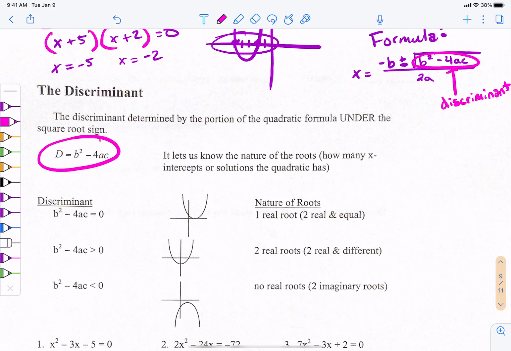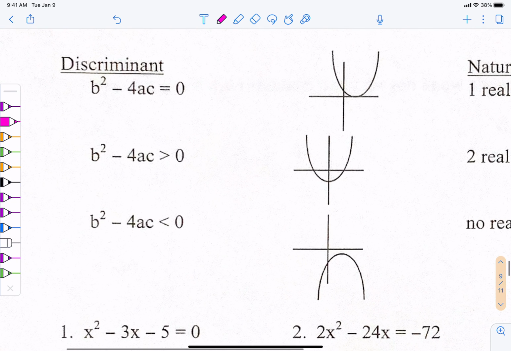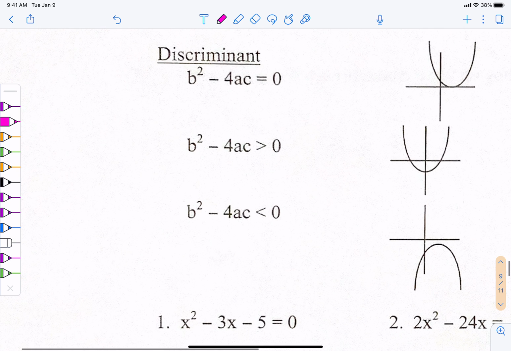So the discriminant is b squared minus 4ac. Let's say, given the example, I have negative 3 plus and minus the square root of 4 all over 2. Let's say whatever I have in the quadratic formula boils down to that, okay? The square root of 4 comes out to be 2, right?